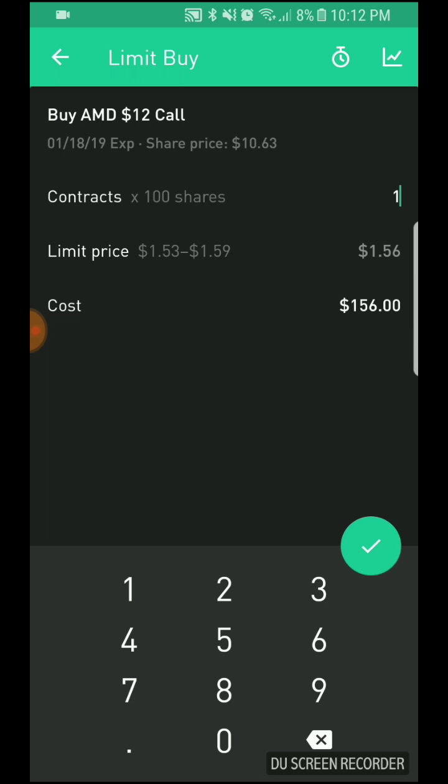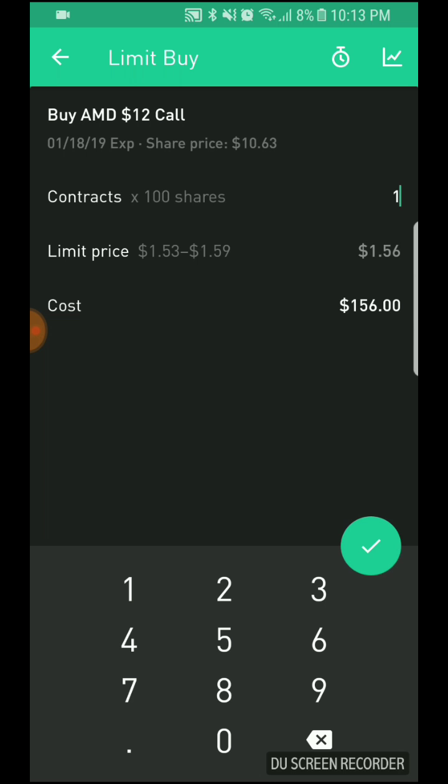So if AMD's price goes up to $14 and it is, let's say, July of 2018, which is roughly 4 months away from today, then you can sell it and take the profit at $14, and that will definitely double your money here.